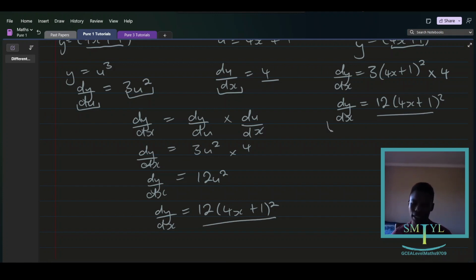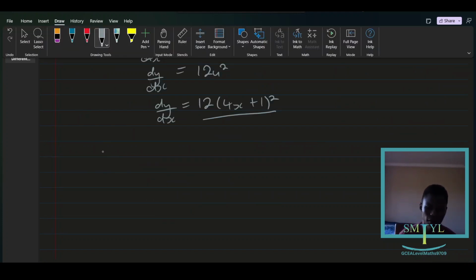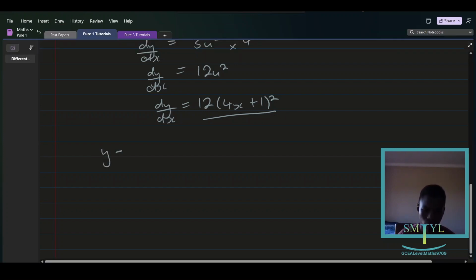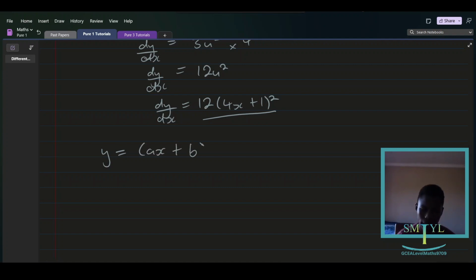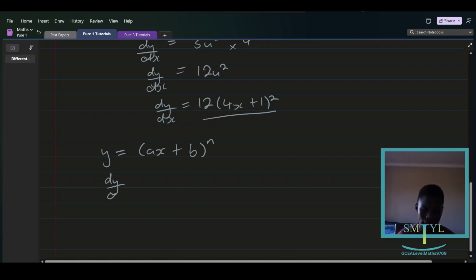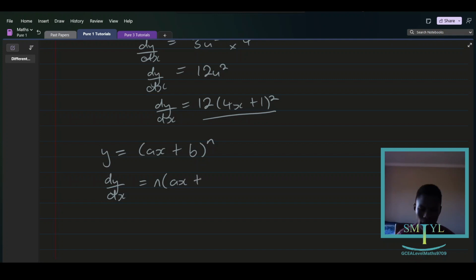So this is a simplified version of the chain rule, and using this idea we can then create a formula for differentiating using the chain rule. We can say that when y is equal to (ax plus b) to the power n, dy/dx is equal to, we'll drop our power which is n, (ax plus b), subtract 1 from the power, and then we're going to differentiate ax plus b, and we get a.